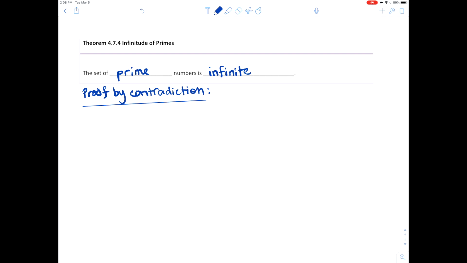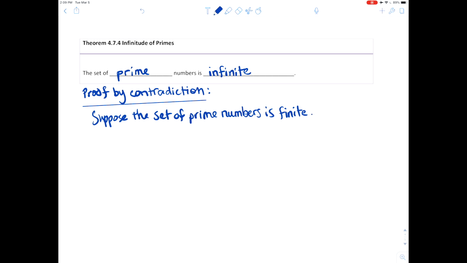And what's our contradiction? What do you think? Suppose it's not, right? So suppose the set of prime numbers is finite, not infinite, right?